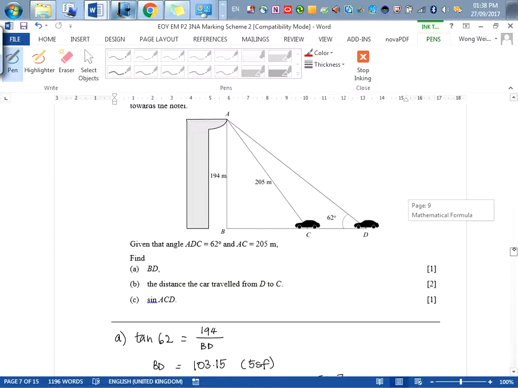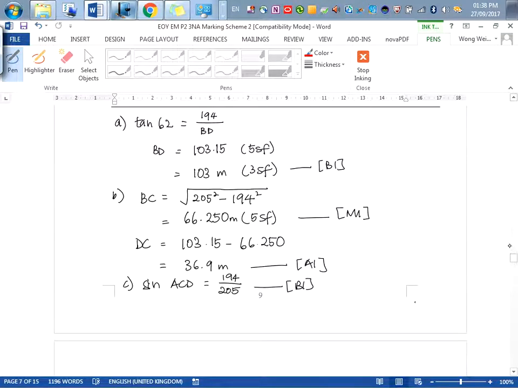Check your answers for question 5. A, B, and C. Do you need me to go through any? One, 9, 4.